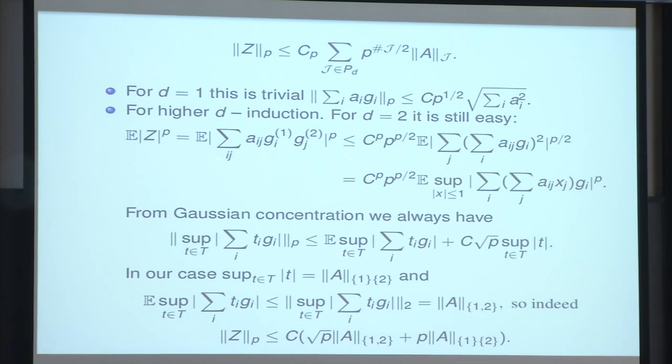So this is our bilinear form, which we called Z. We write the moment. We apply the previous trivial Gaussian inequality with, okay, so here it's the other way around. Sorry, we fix G1, and we apply the previous inequality to G2. Okay, we raise to the power p. So we end up with something like that.